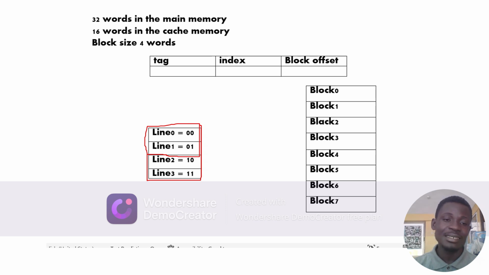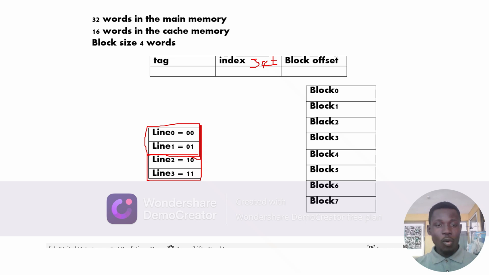It means the lines will be divided into two sets, and each set will contain two lines. So the index here will use sets, because the word or the address we will be finding will be inside the set, not the line.